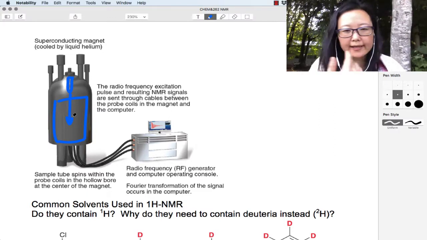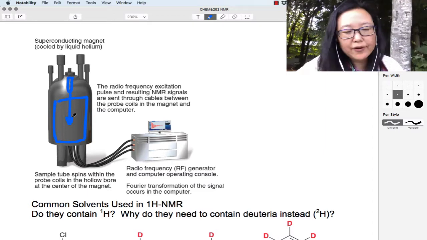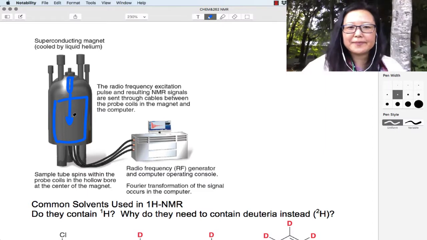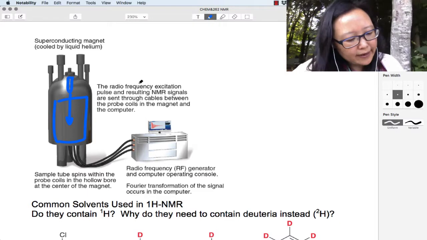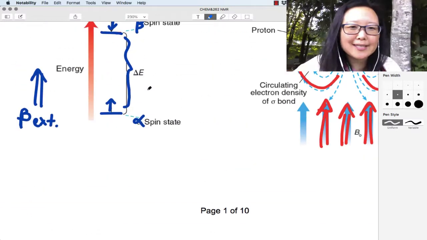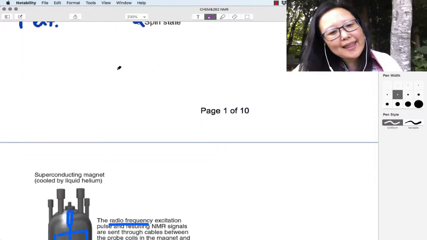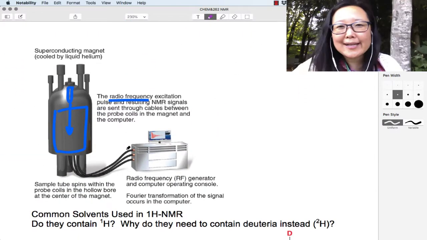As that spinning sample goes down into the magnet, we use a radio frequency pulse. Radio frequencies are the frequencies that tend to correspond to these delta E values. And once you excite those nuclear spins, then you let them relax down.